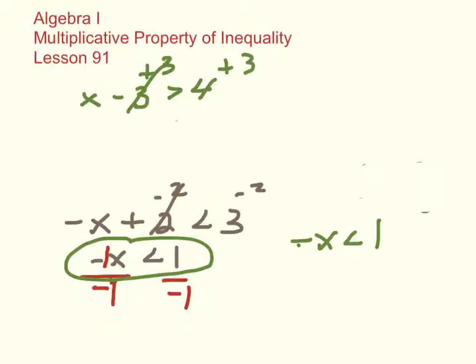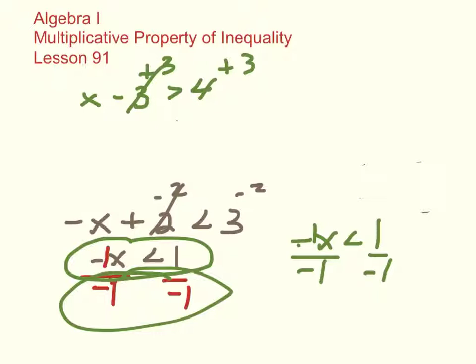So again, let me say it again. Whenever you multiply or divide both sides by a negative number, like we did here, we have to switch the sign. So if I'm going to divide both sides by a negative 1, I've got to switch the sign.